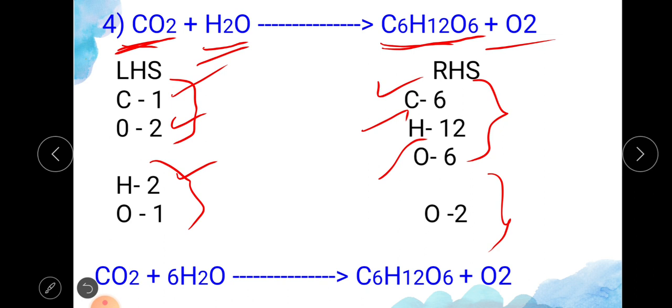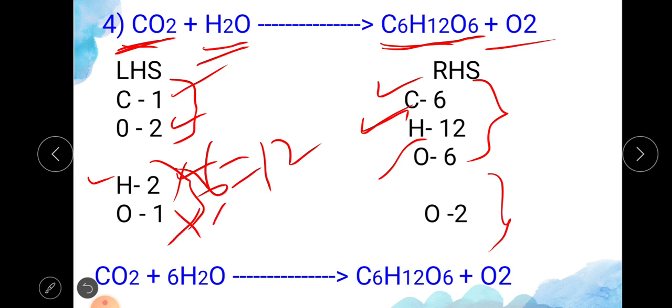So start balancing with the bigger number. Hydrogen is 12 here, so of course I'll go with the hydrogen. To make hydrogen 12, what to do? Can I multiply with 2, 3, 4, 5? No, I will multiply with 6. If I multiply hydrogen with 6, I will get 12. And oxygen also I will get 6.